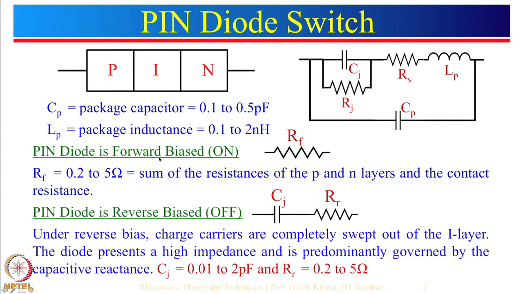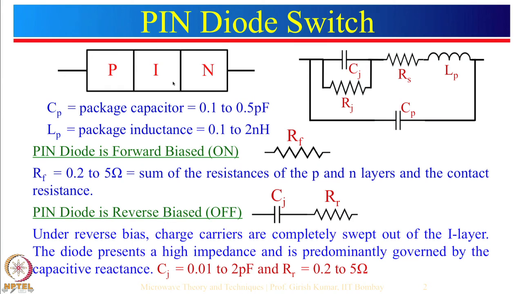So, when the diode is forward biased, all you do is apply plus here, and let us say this is 0 voltage, then the diode will be forward biased. Now, generally speaking, for a PN junction, the forward voltage is typically of the order of 0.7 volt. But for a PIN diode, the forward voltage required is anywhere between 1.5 to 2 volt or even slightly more.